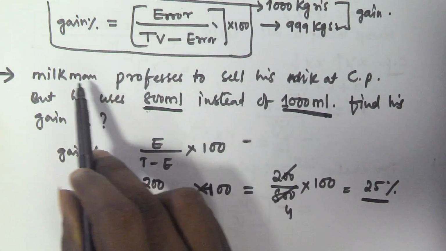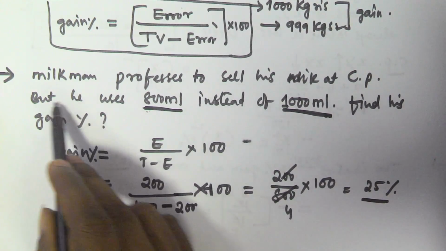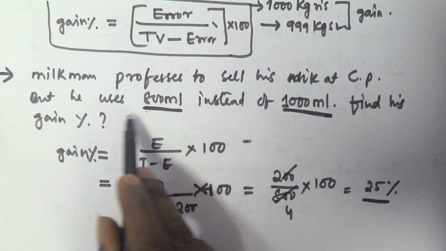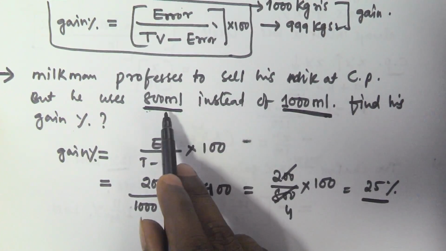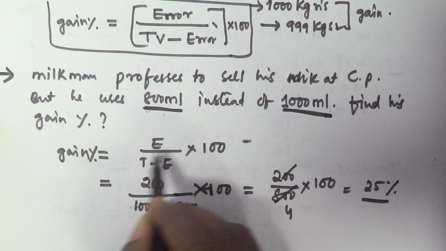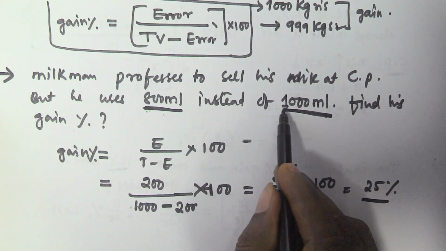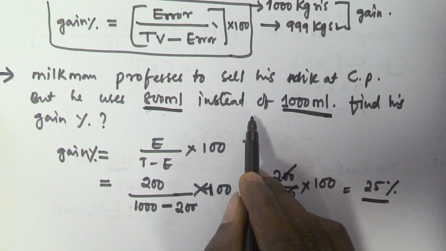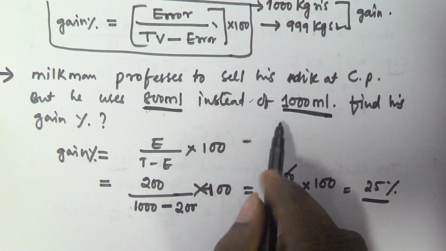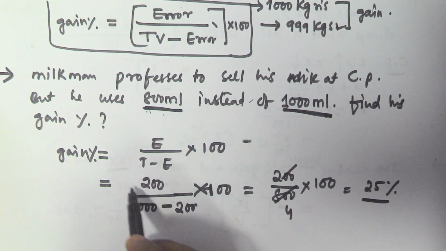I will repeat once again. A milkman professes to sell his milk at a certain cost price, but he uses 800 ml instead of 1000 ml. Find his gain percentage. Obviously he is going to get a gain, because he is using 800 ml instead of 1000 ml. The gain percentage is error by true value minus error into 100. The error is the actual amount minus the amount he is giving, 1000 minus 800, which is 200.